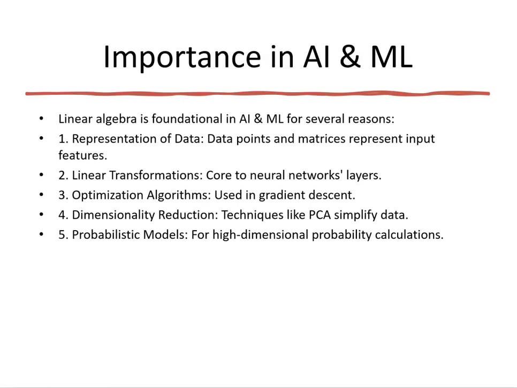And linear transformation, which goes to neural network layers, and a lot of optimization is done using gradient descent, and dimensionality reduction like principal component analysis is done to simplify data rather than reduce features, and probabilistic models for high dimensional probability calculations. So that's the importance of linear algebra in AI and ML.